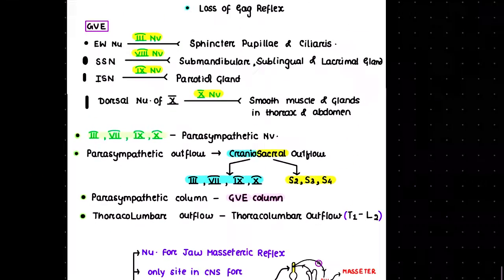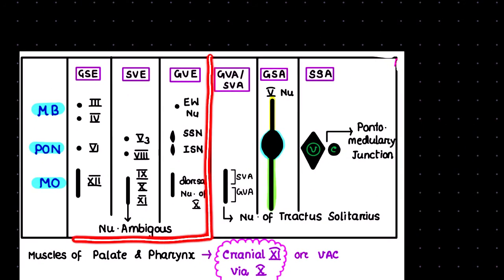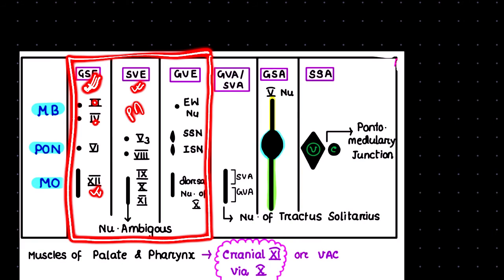Now we talked about the efferent columns, 3 efferent columns. The first are responsible for supplying somatic muscles, for example the extraocular muscles and the hypoglossal supplying the tongue. Similarly we have special visceral efferent, which supply the derivatives of the pharyngeal arch.